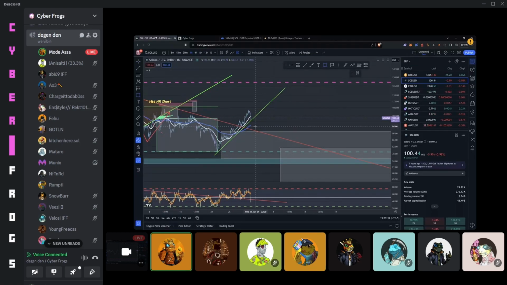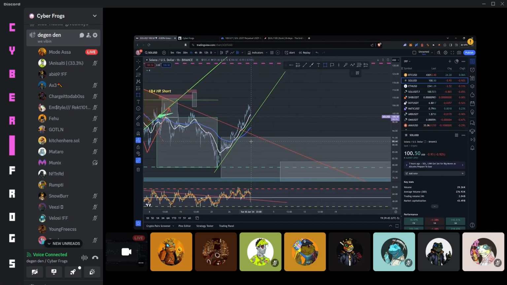What's the entry point? 89.91, almost 89.92, basically. And the other part of the 1 hour? The bottom is 89.64, so 89.64 to 89.918. And the take profit?